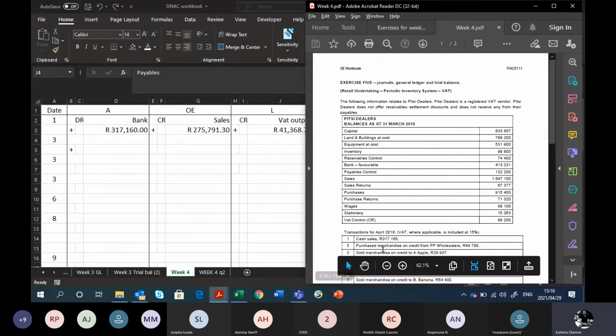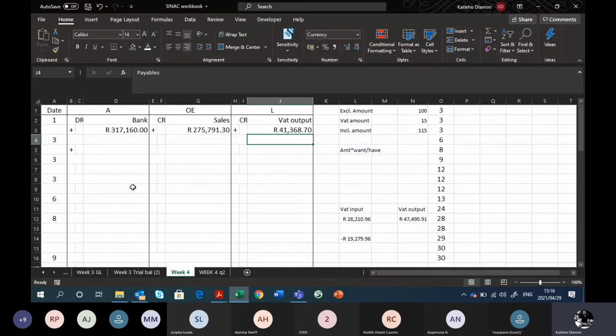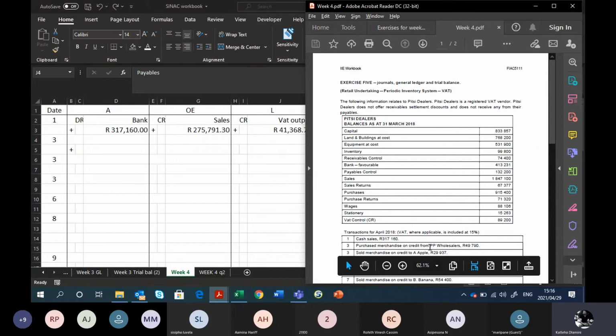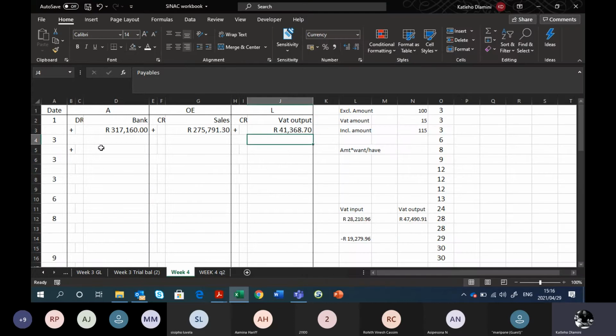The next one, purchased merchandise on credit from PP wholesalers for 49,790 rand. Purchased on credit, so you're going to credit your creditors control, your payables, debit your inventories, and debit your VAT input.